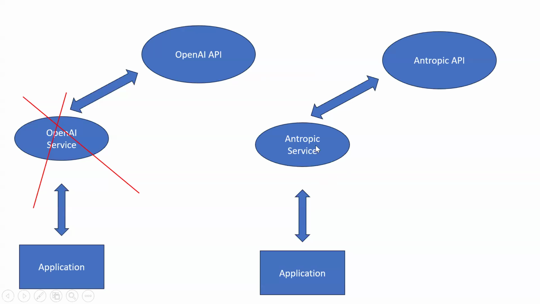We need to write another service, because this service was very specific to OpenAI. We were installing OpenAI APIs and writing all those things which are specific to OpenAI. But this Anthropic API may behave in a slightly different manner. So we have to rewrite another service which will be specific to Anthropic, and we will change our code basically.